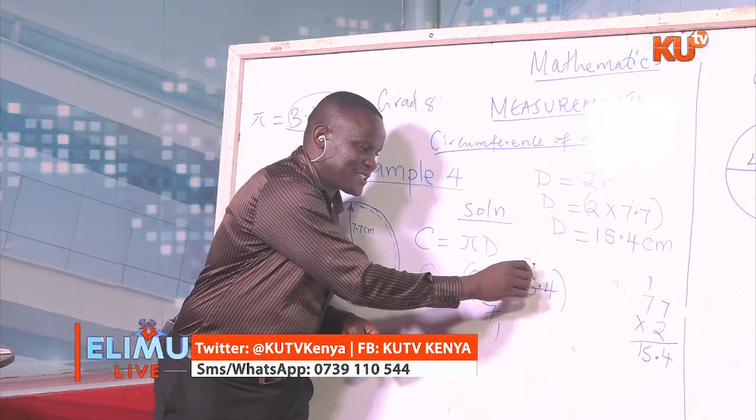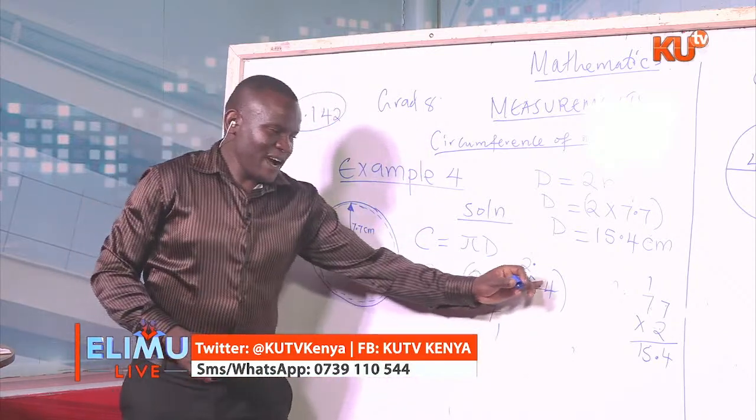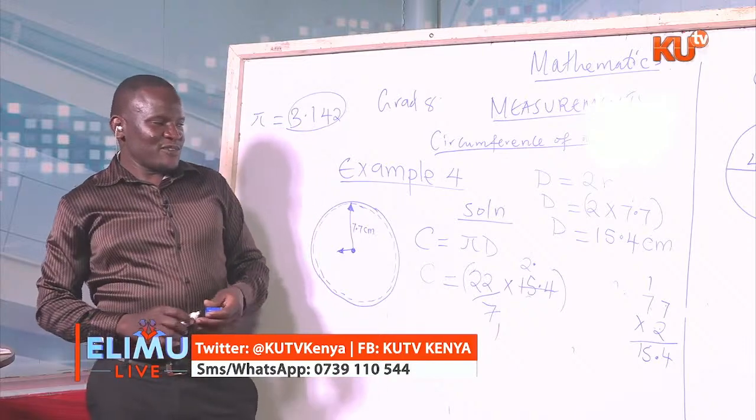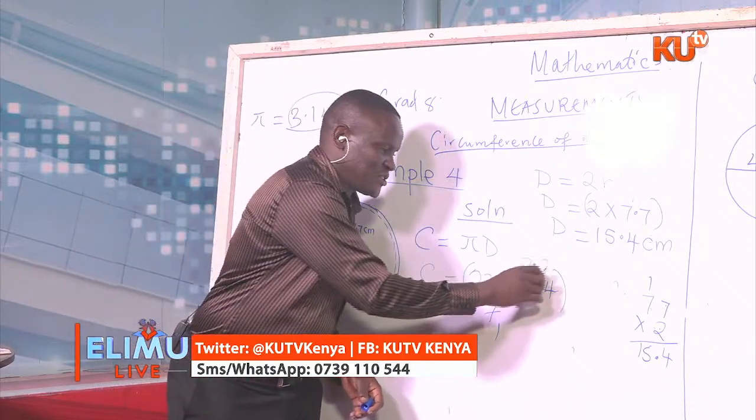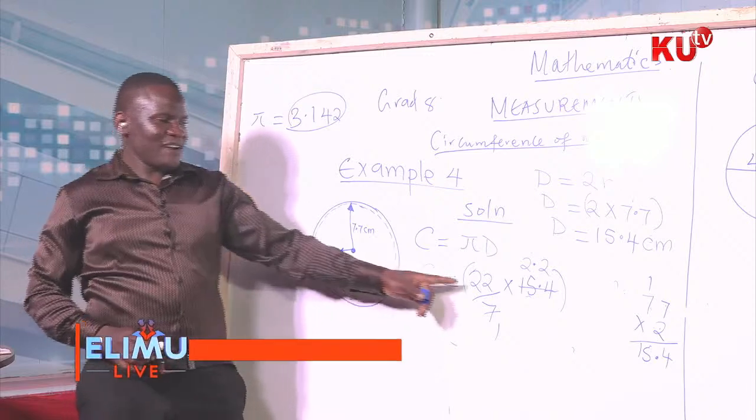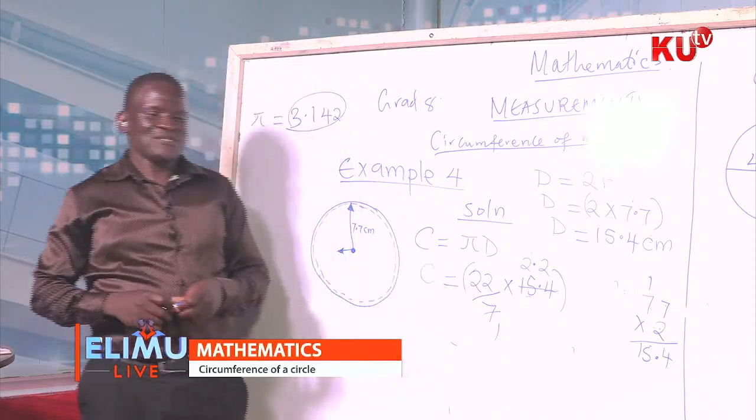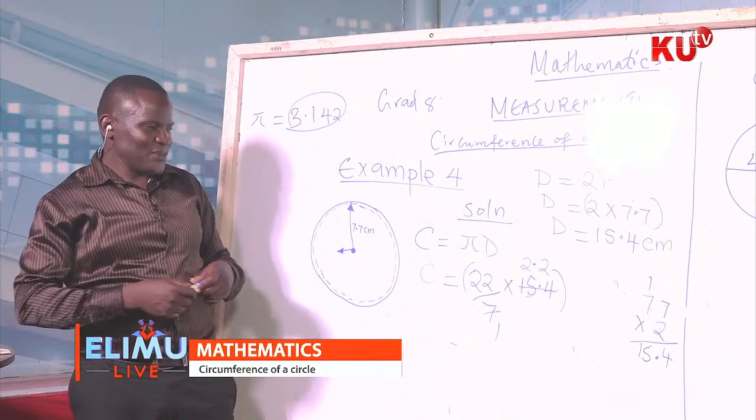Remainder 1, put our decimal. Now 14 into 14, 2. So we have 22 times 2.2.